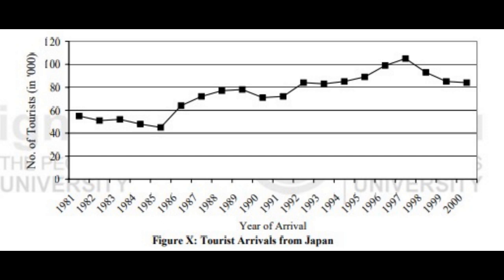Though the arrivals of Japan nationals were increasing steadily till 1980, it declined during 1981 and 1983 by 5.1% and 8.4%, respectively, over the corresponding previous years.